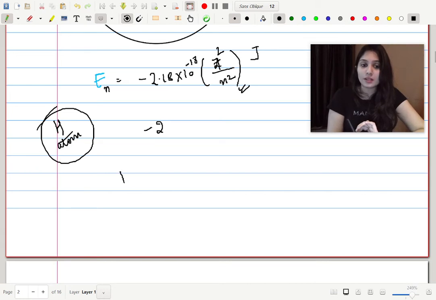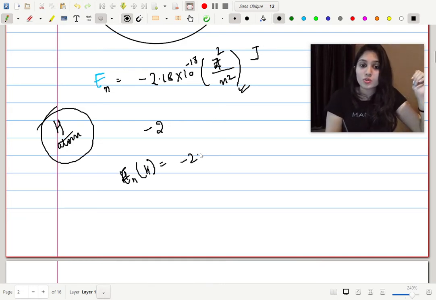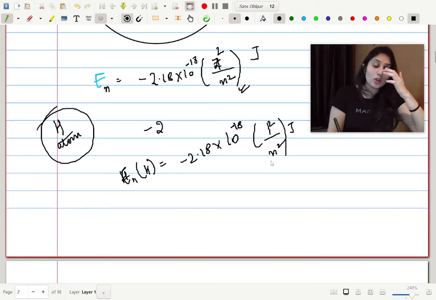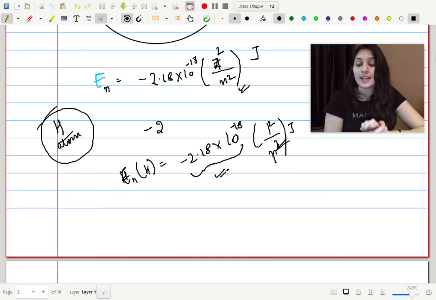But for hydrogen atom, the atomic number is 1, so we removed Z. It's minus 2.18 into 10 to the power of minus 18 times 1 square, which is 1 upon n square, in joules. So for the first level, n is equal to 1, this is 1 square upon 1 square, and this is the amount of energy for the electron in the first shell.